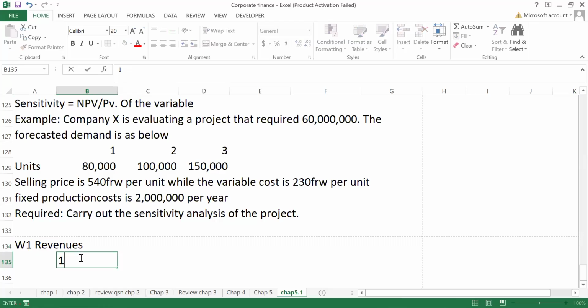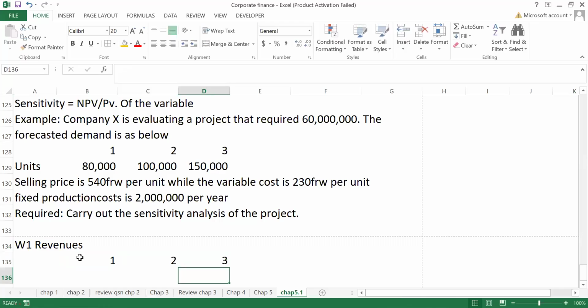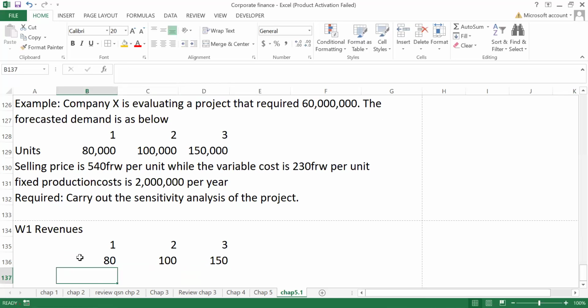Year 1, year 2, year 3. My revenues: I'm going to reduce 3 zeros, 80, 100, 150. The cost of capital, I've not put the cost of capital.